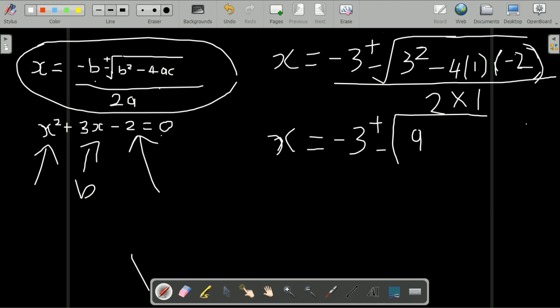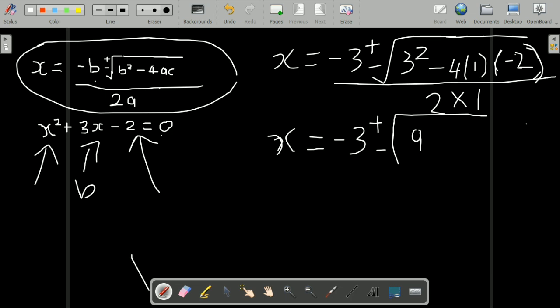We continue. So negative 4 multiplied by 1, but to understand it properly, we have to ignore the sign at the moment.